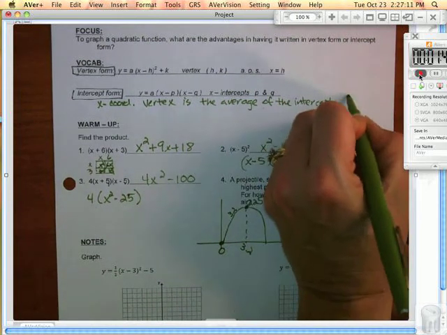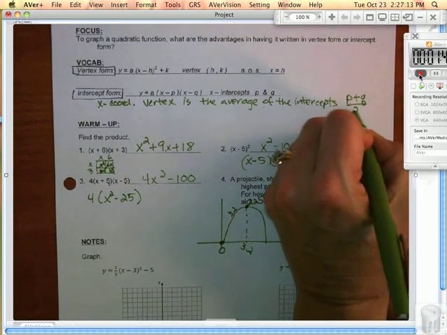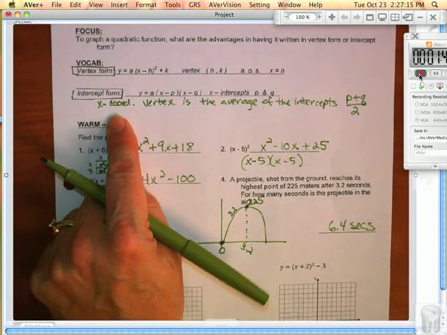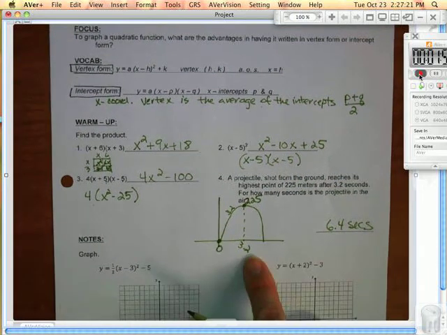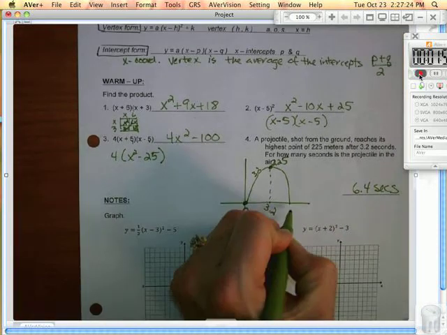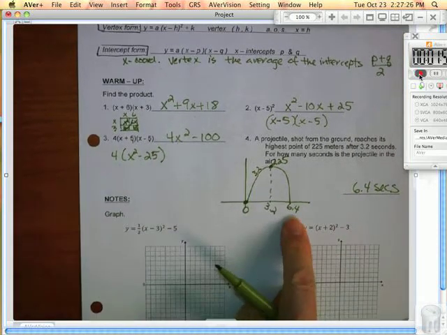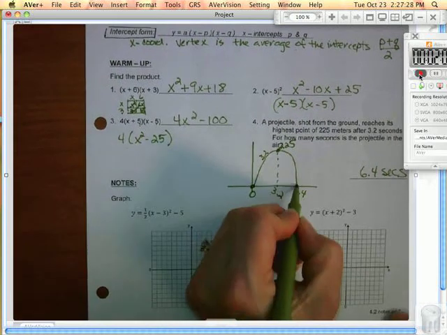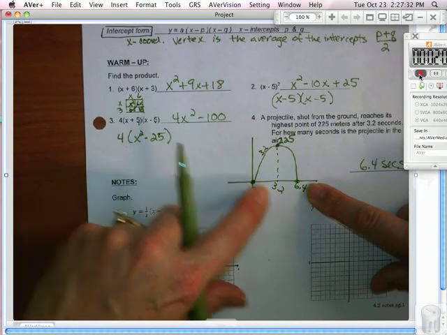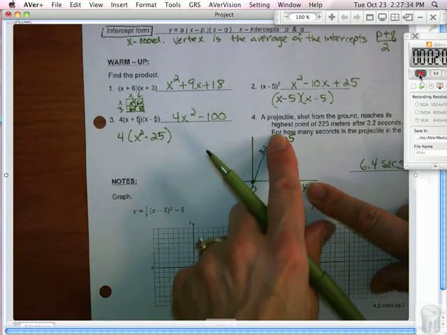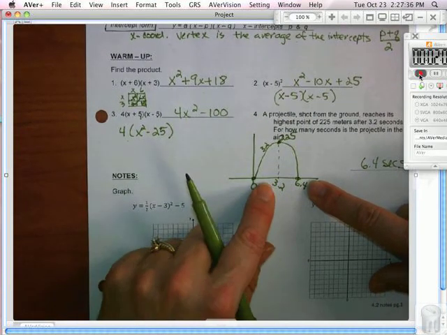So P plus Q divided by 2 will give you the x-coordinate of the vertex. And it kind of makes sense if you think about this picture right here. You told me this is 6.4 here, right? If I add 6.4 and 0 and divide by 2, I get the x-coordinate of the vertex. It makes sense, okay?